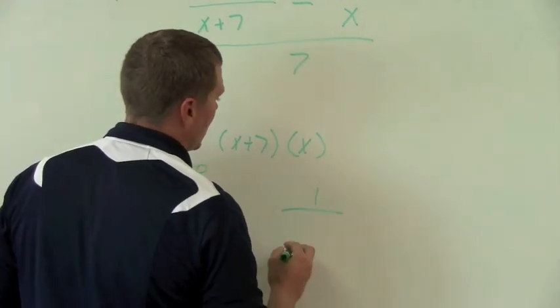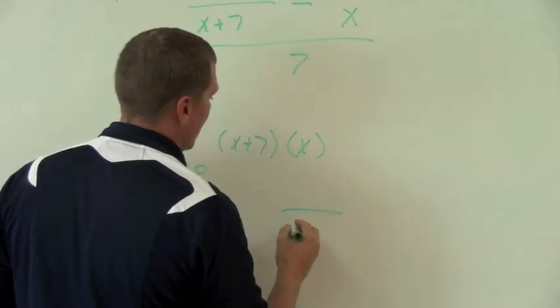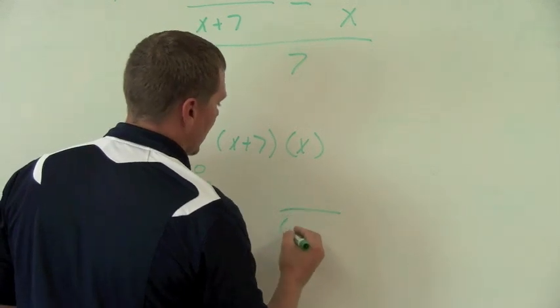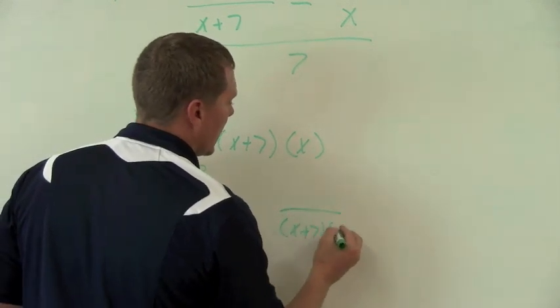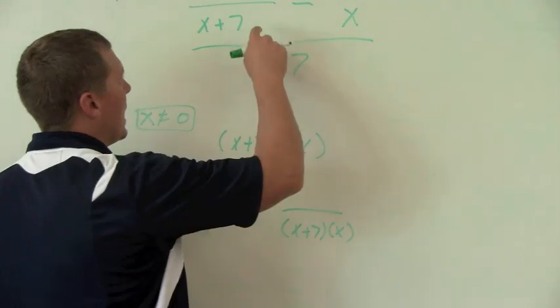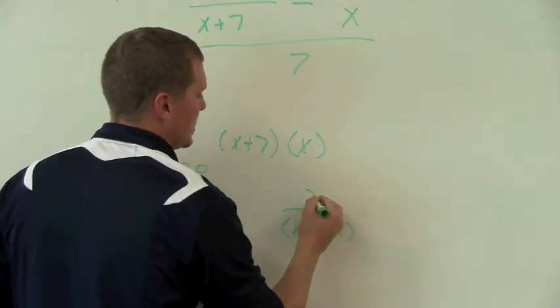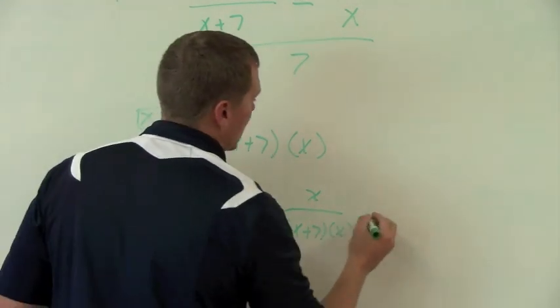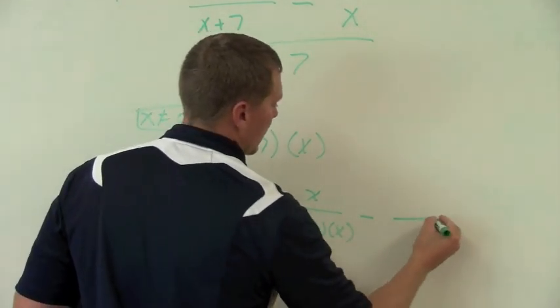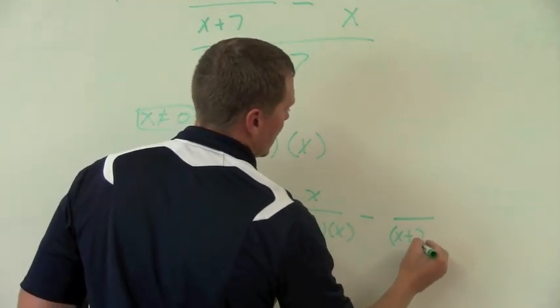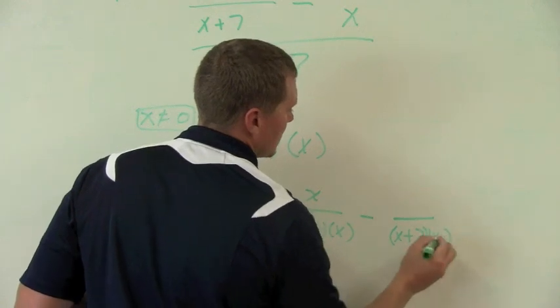We have something over x plus 7 times x. Well, we already had the x plus 7. We needed the x. So x times 1 is x minus, over here we have x plus 7 times x.